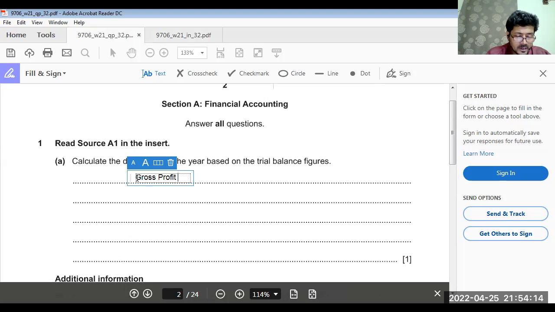Now, the amount of gross profit is 96,200 dollars. 96,200 less administrative expense.